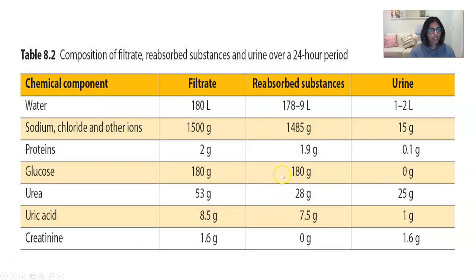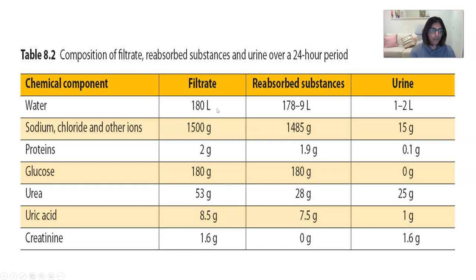So when we look at the filtrate over a 24-hour period, we're going to just look at these numbers for a second. The volume of filtrate in 1 day is 180 litres of water. Now, that doesn't mean that your body has 180 litres of water.